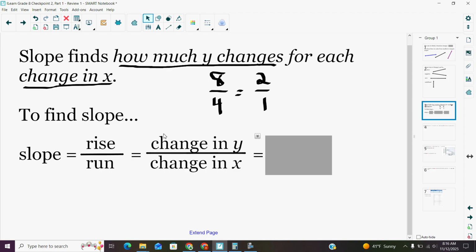Rise, how much it goes up and down, that's our change in y. Run, how much it goes side to side is change in x. So that's another way we can think through slope, think through rate of change. Take the overall change in y and divide by the overall change in x.